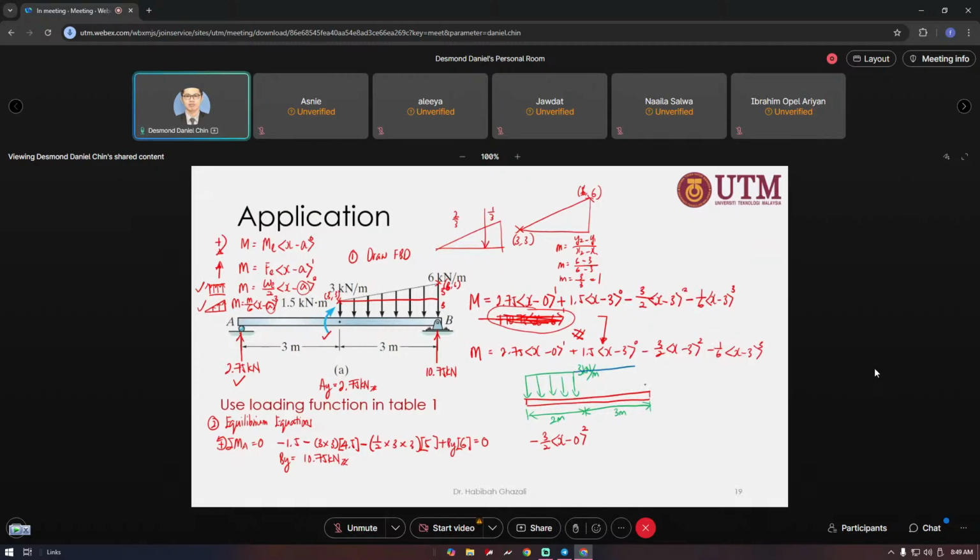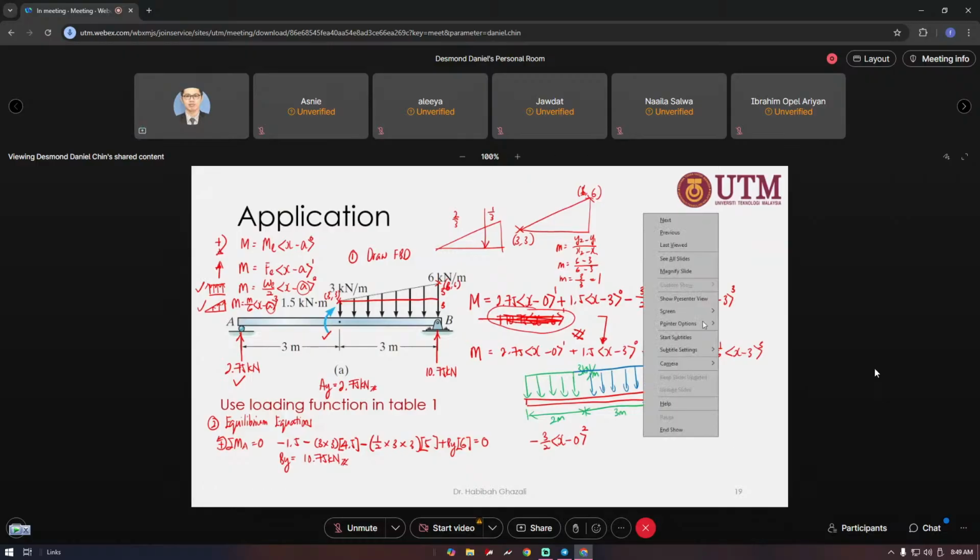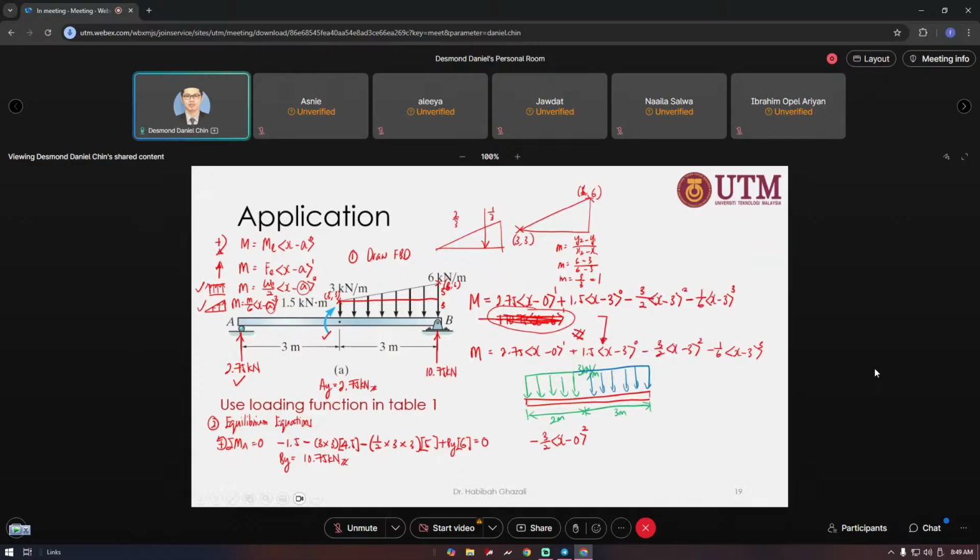It will treat it like this. But in reality, your loading only stops at x equals 2, isn't it? Therefore, you have to do offset loading, whereby you have to apply this loading.